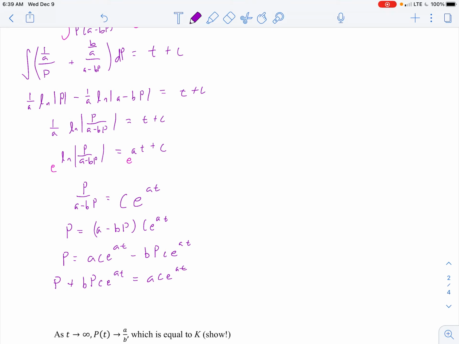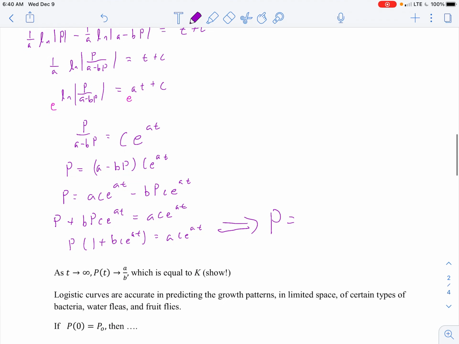Pull out the p, and so p times (1 plus b c e to the at). So now p is by itself. So now we're going to divide both sides.